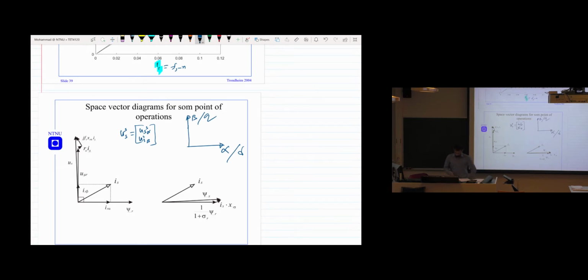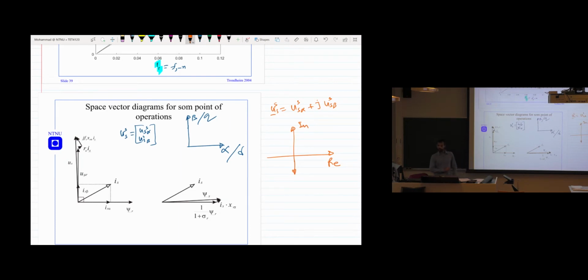And if you also write in the phasor, then it is u_s, that is u_s alpha plus j, the complex j, times u_s beta. Then you have the real axis and the imaginary axis.